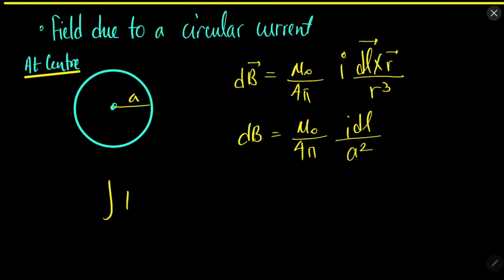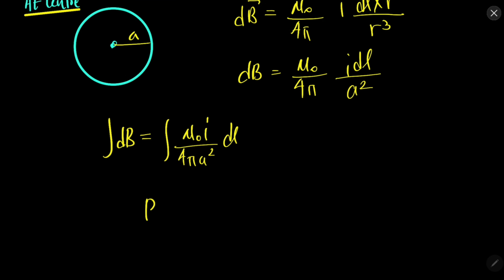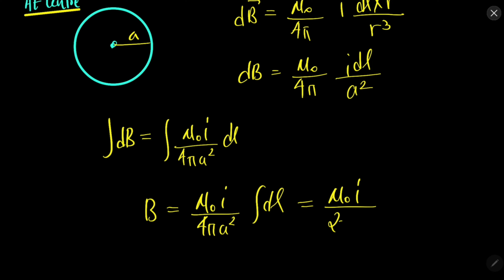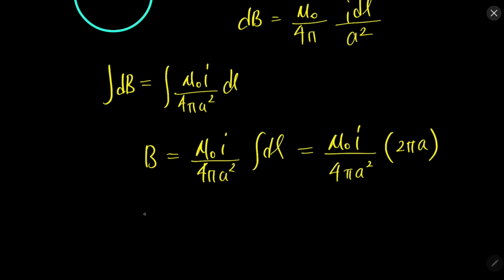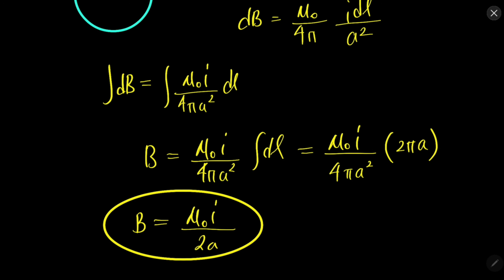Let's integrate this. You will obtain B equal to mu naught I over 4 pi a square dl. So this is the circumference: mu naught I over 4 pi a square, and the circumference is 2 pi into radius. So the magnetic field comes out to be mu naught I over 2a. This is the magnitude, and the direction can be defined by the right hand thumb rule.